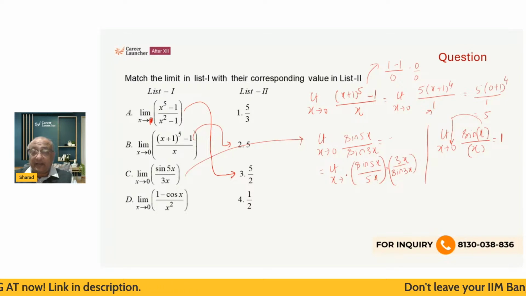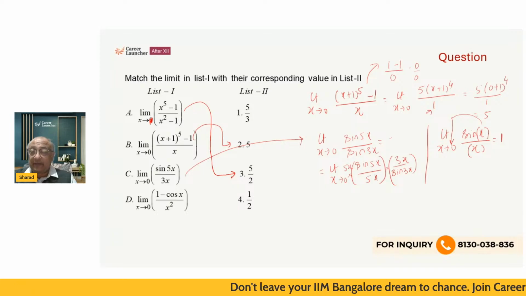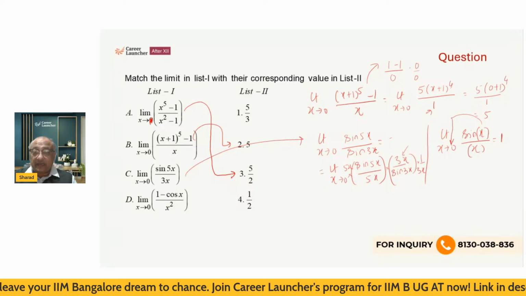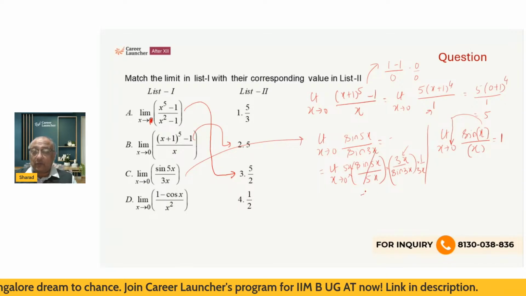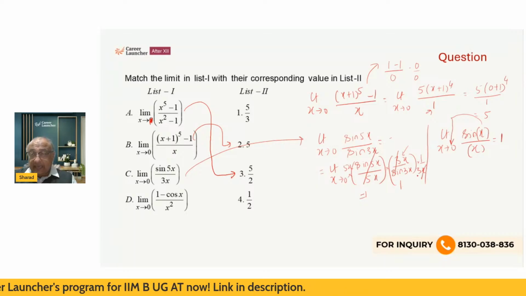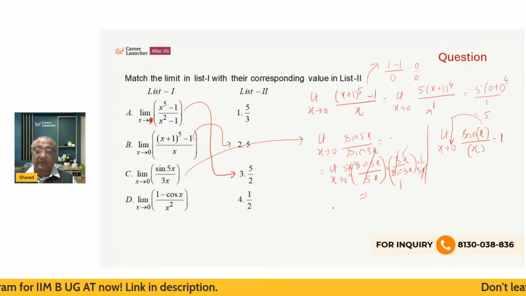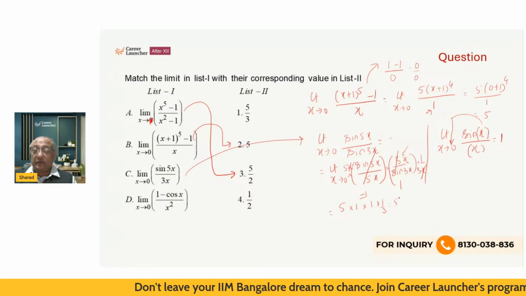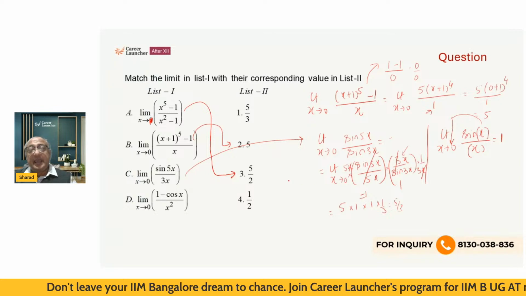If I have divided by 5x, then I have to multiply numerator by 5x. If I have multiplied numerator by 3x, then I have to divide by 3x. So now what is the answer? This term will be equal to 1. This term will be equal to 1. And this x and this x will cancel. What I will have now as the answer is 5 into 1 into 1 into 1 by 3, which is equal to 5 by 3. Right? Everybody knows this.